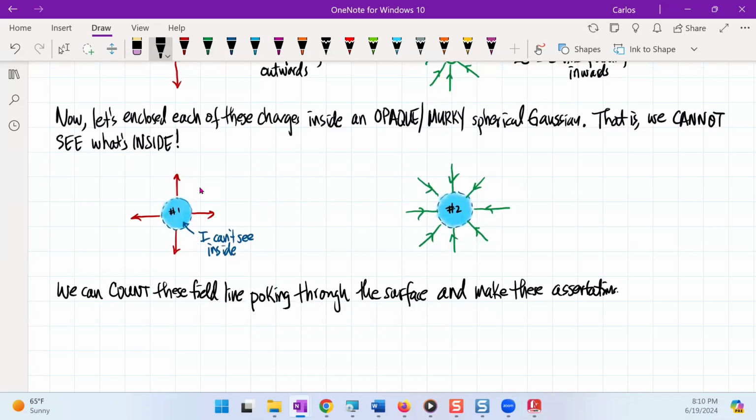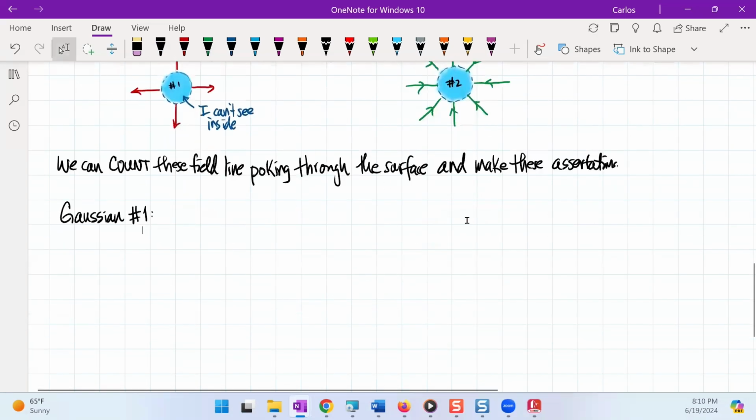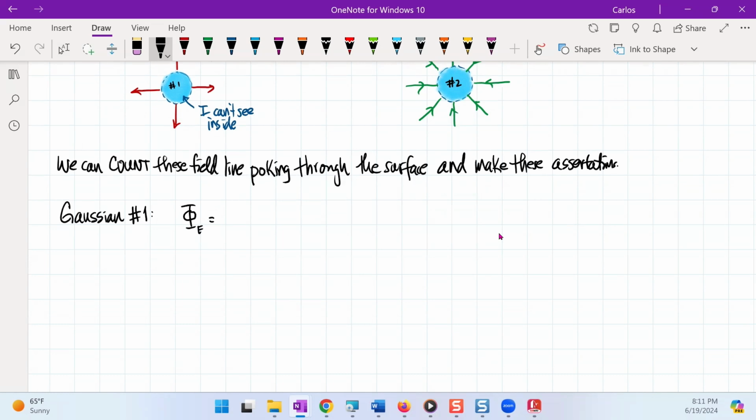So if I look at Gaussian number 1, what do I see here? Well, I'm looking at one right here. And if I look at the electric flux, what I see here is that I have 4 lines poking outwards.